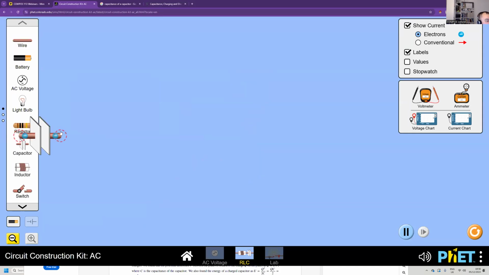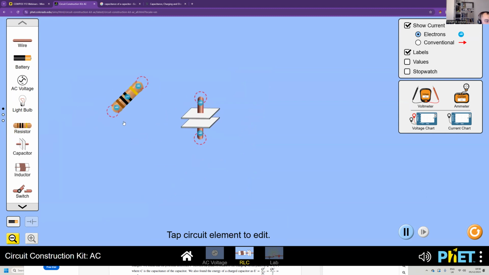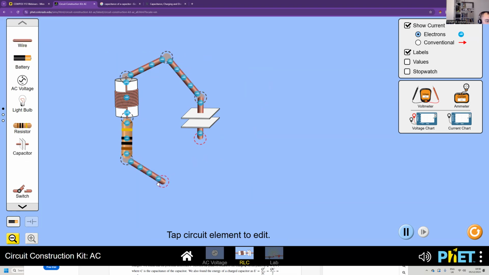So we have a capacitor. We have a resistor. We have an inductor. We have a wire. We have a switch.